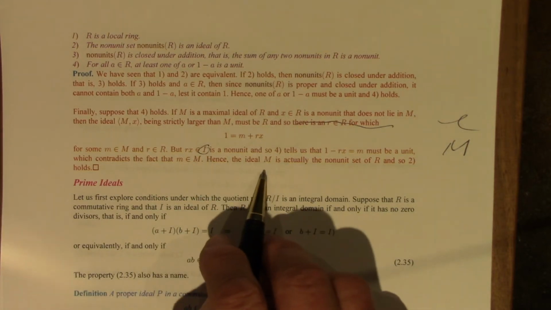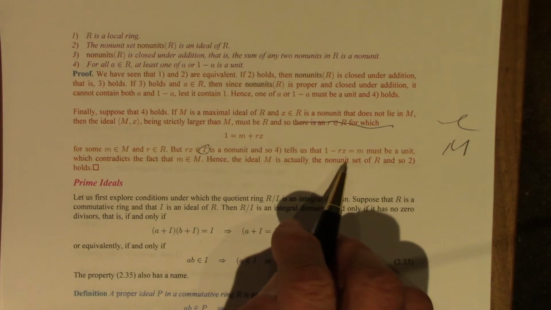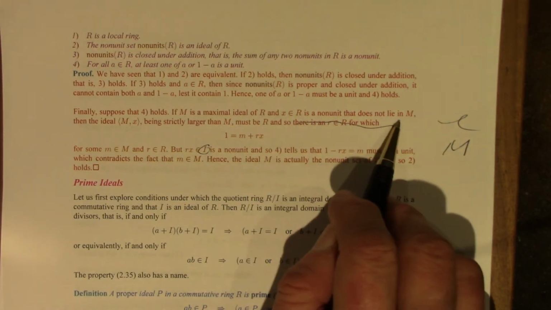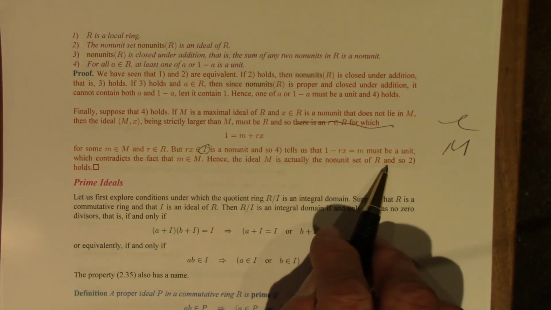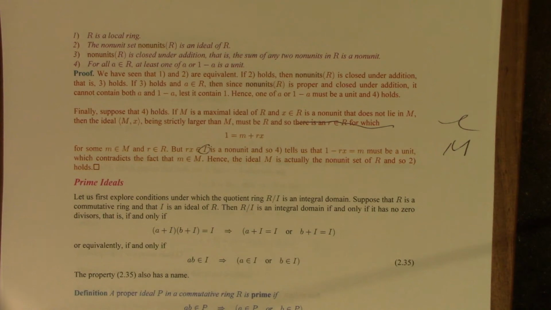So the ideal M is actually the set of non-units. There cannot be a non-unit X outside of M. And that's 2. The non-units form an ideal. 2 and 1 are equivalent, if you remember. So we have our complete circle.